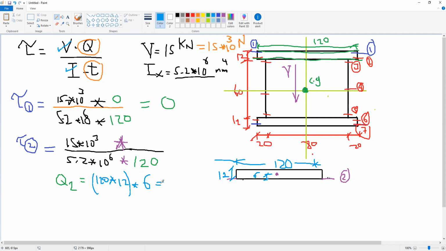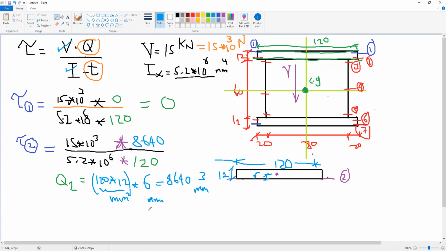So Q finally will be 120 times 12 times 6, which is 8,640 millimeter to the power 3. The unit is millimeter cubed because it is the product of area in millimeter squared times distance in millimeter.